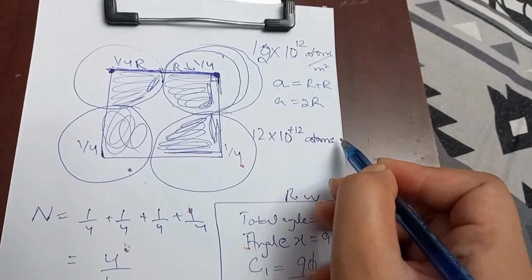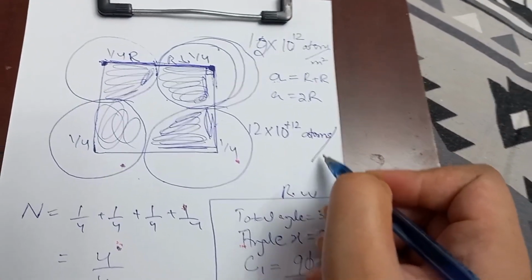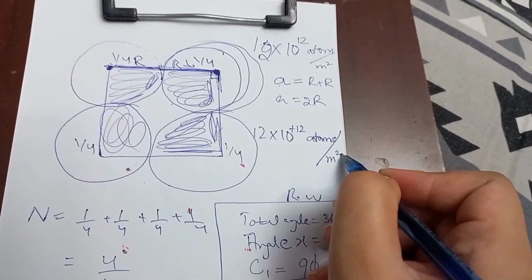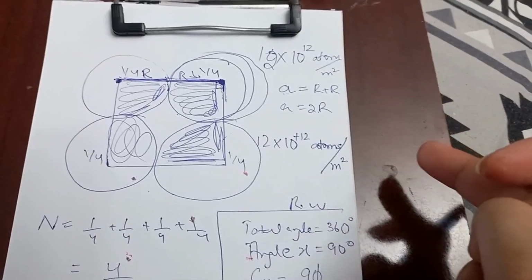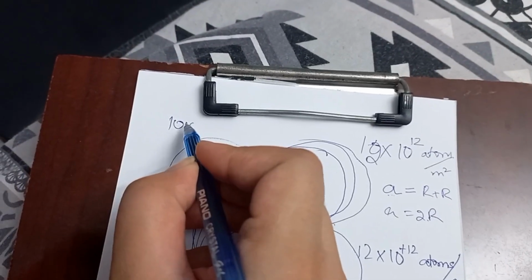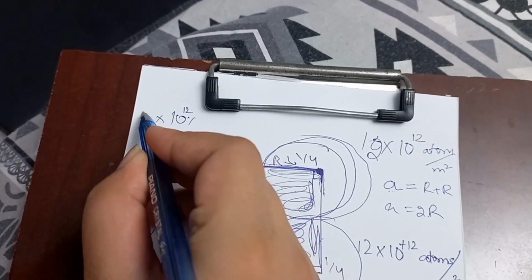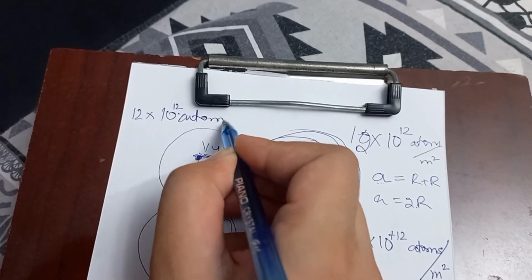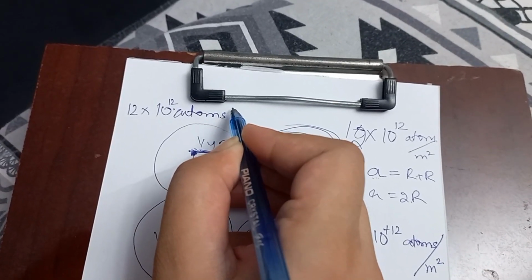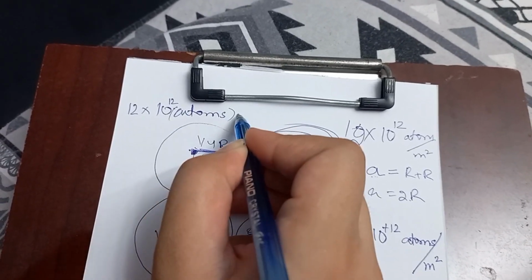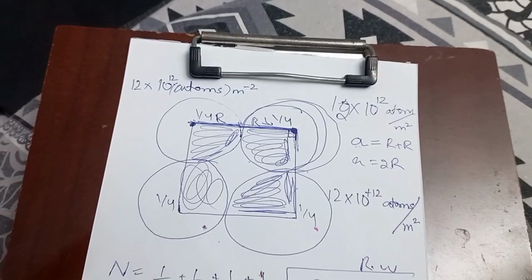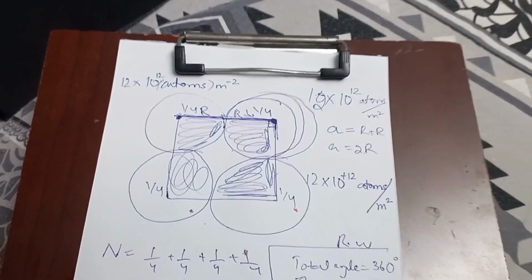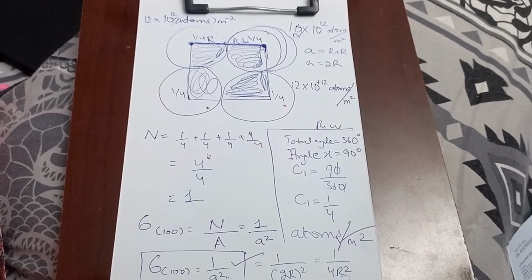Atoms per, like this slash that shows a division sign, per meter square, or you can write it like that as well, or as atoms. You can use the brackets per meter square. So these are all the ways.